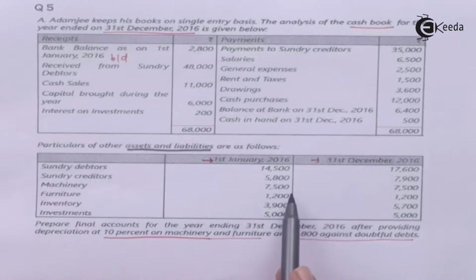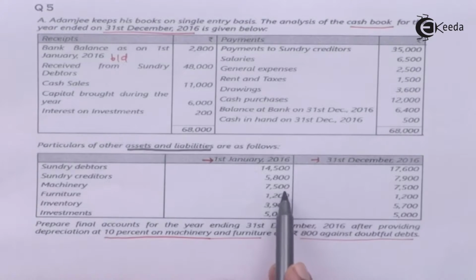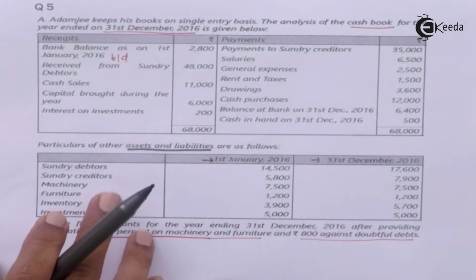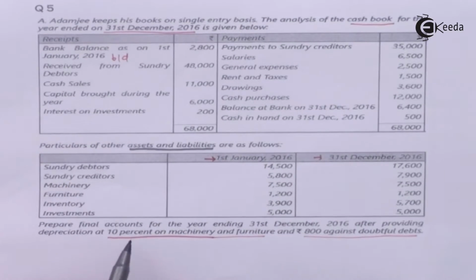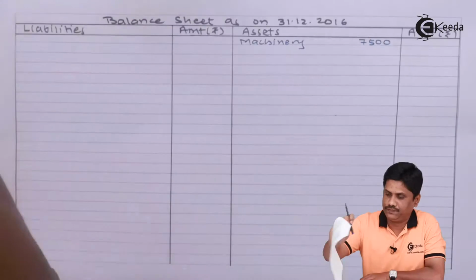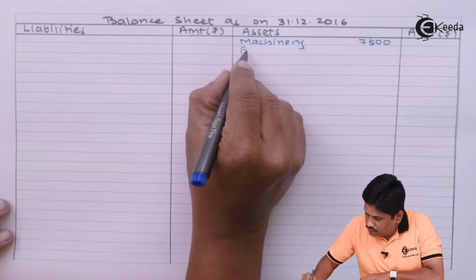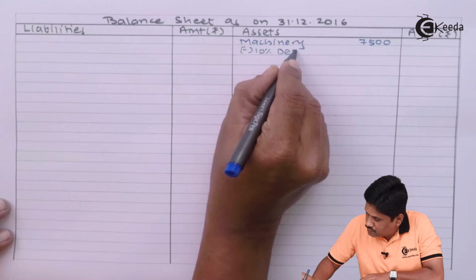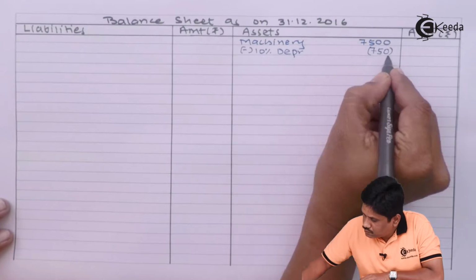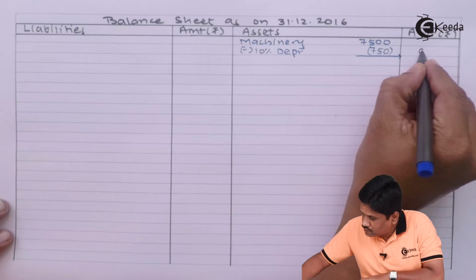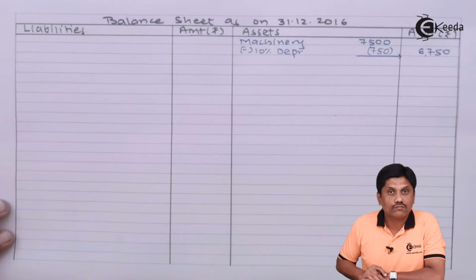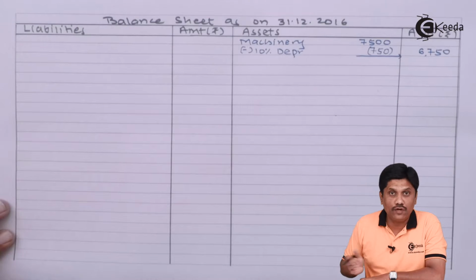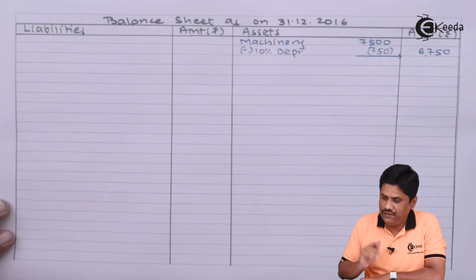There is no change in the machinery since last year. It is the same, so we have to just provide a depreciation. How much depreciation? 10%. Depreciation will also be debited to P&L account, but wait for that.